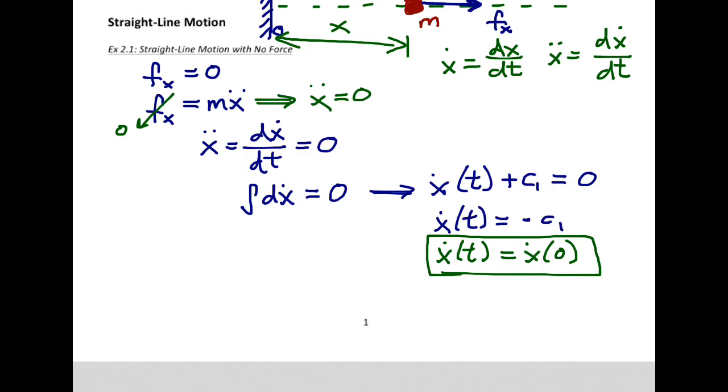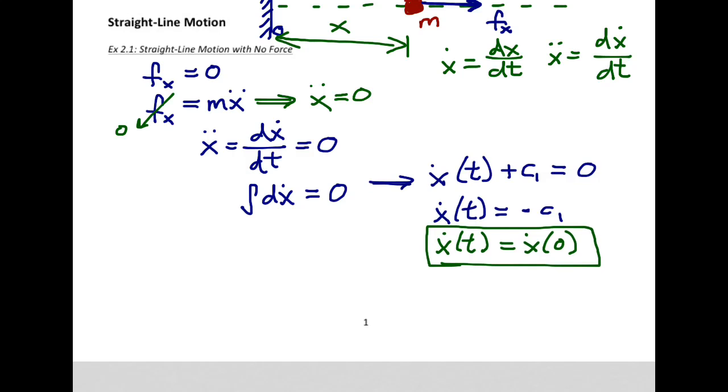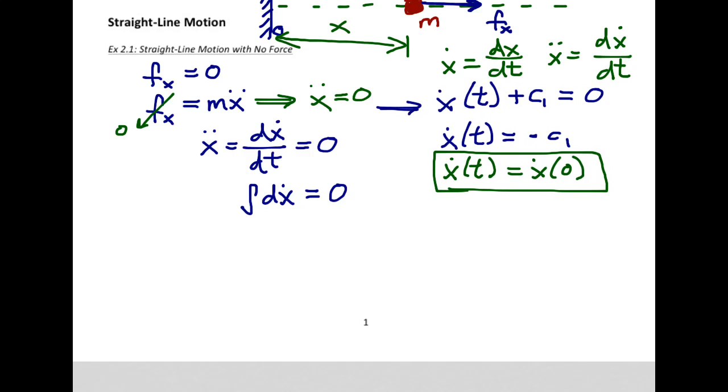So now it's time to solve for the position. All right, let me move these out of the way so we've got room to work. We said before that x dot is equal to dx/dt, and that x dot is equal to our initial condition.